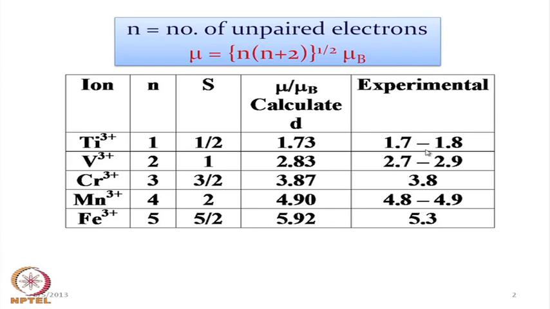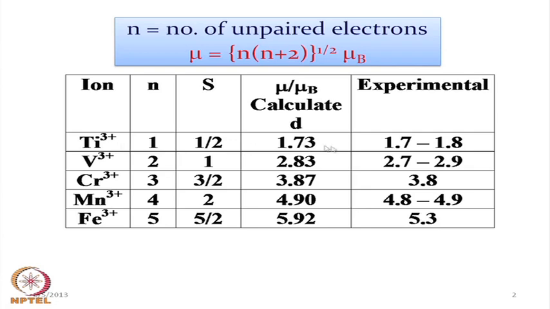And when we determine these values experimentally, we find that in case of titanium in the trivalent state, that means titanium 3 plus, the magnetic moment is very much equal to the theoretically predicted value. That means whatever we determine as the experimental magnetic moment is equal or close to the theoretically predicted spin only values.